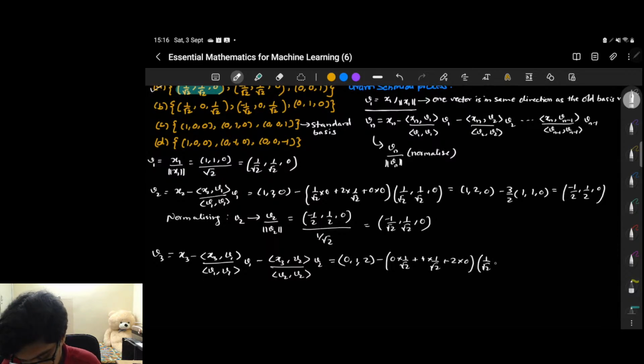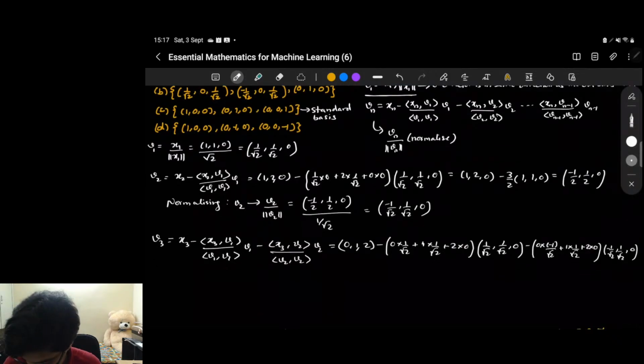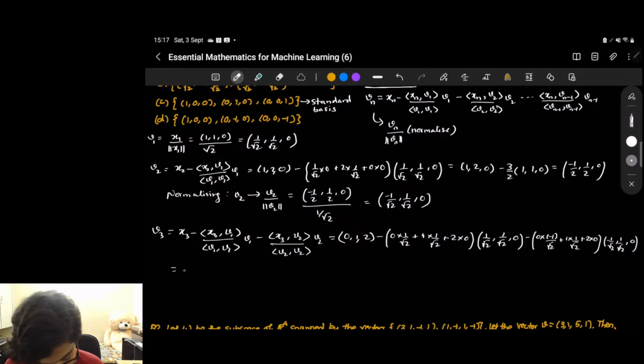Just plain and simple algebra. So we can just simplify, and that is 0, 0, 2.